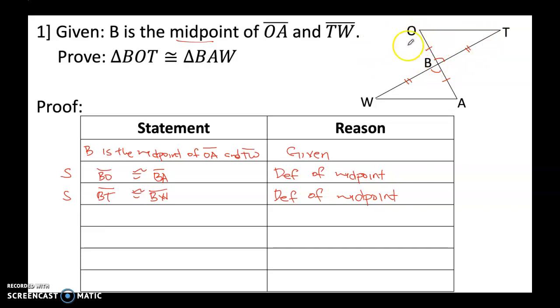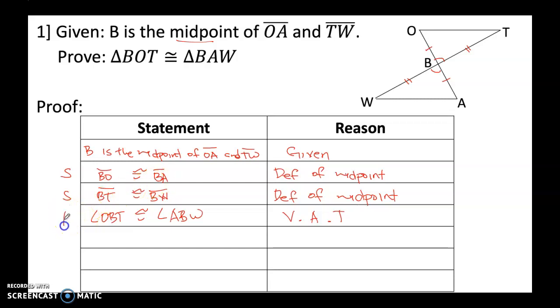So we have angle OBT, this one, is congruent to angle ABW, using the vertical angle theorem. If two angles are vertical, then they are congruent.